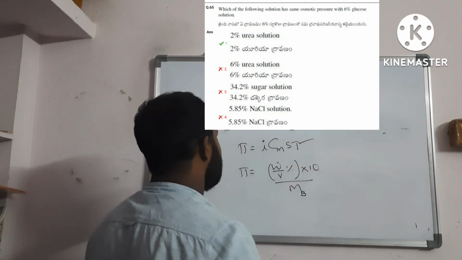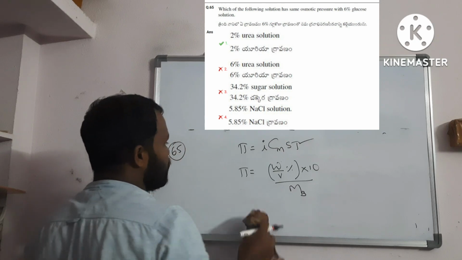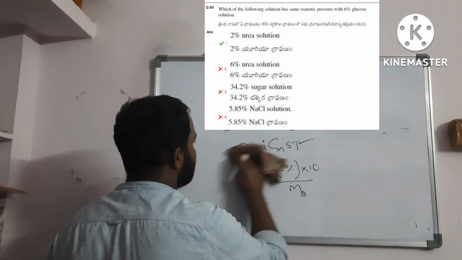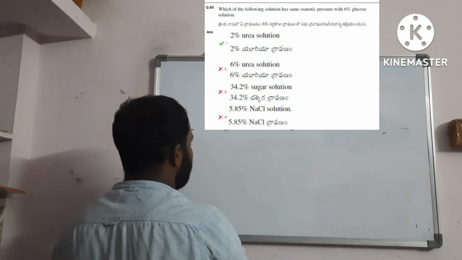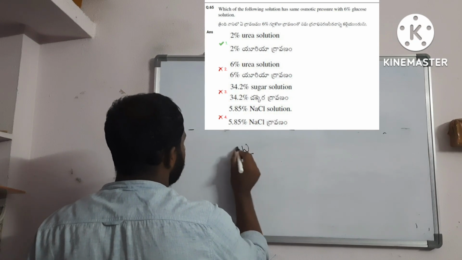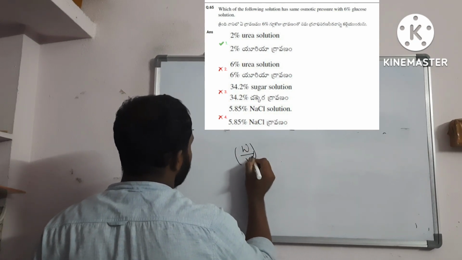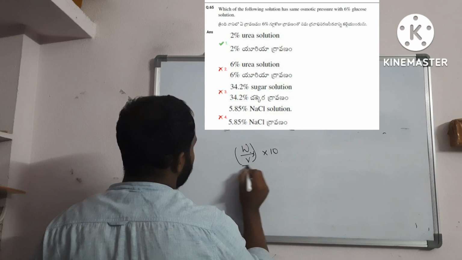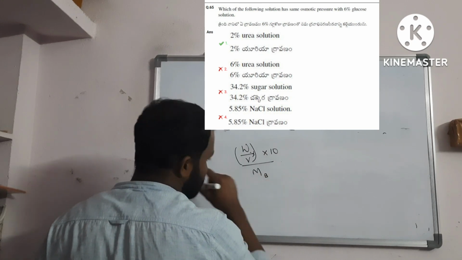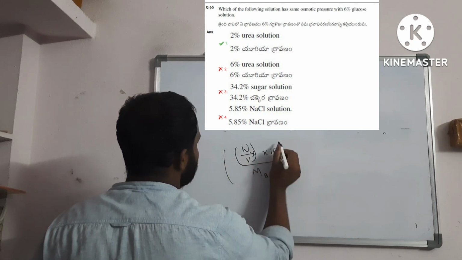We can use any one of the formulas, but here I am going to use this second one: W by V percent into 10 by Mb, where Mb is for urea.